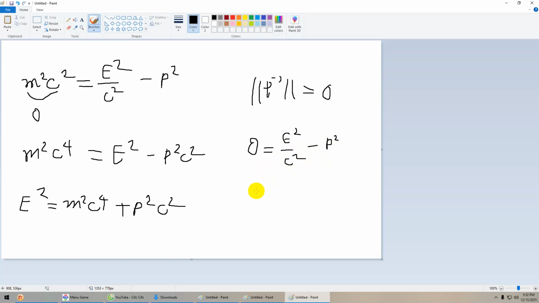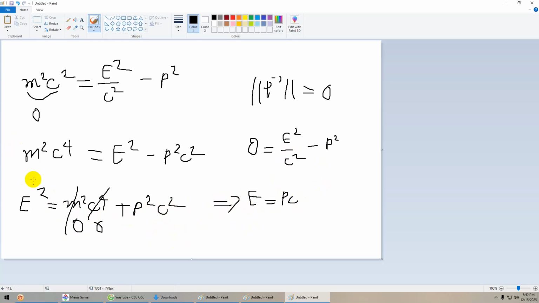And this means that E equal pc, which is consistent with this formula, where if we set the mass of the particle to 0, this term will equal 0. And we get that energy square equal to momentum square times speed of light square, and we reduce to this equation as well. So this is the equation that applies to the photon.